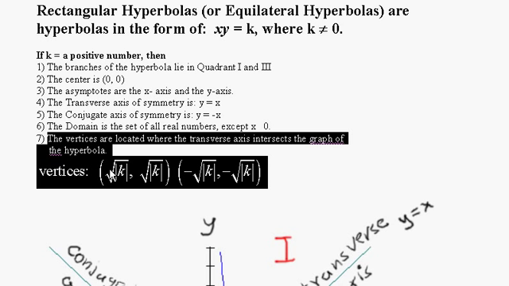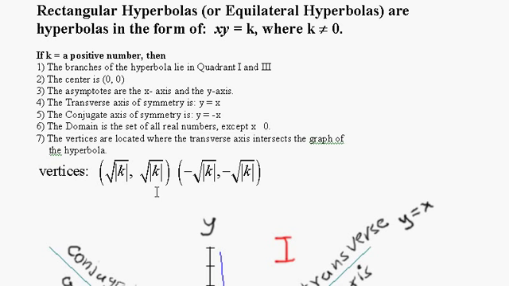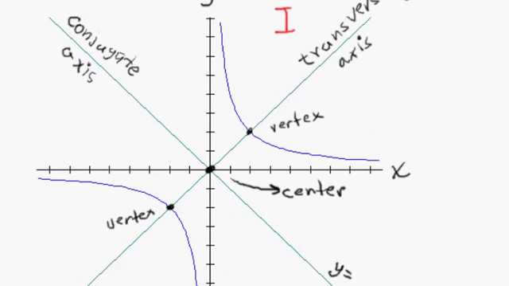Here's how you calculate the vertices if k is a positive number. Your first vertex is the square root of the absolute value of k, the square root of the absolute value of k. Your second vertex is the opposite of the square root of the absolute value of k, and the opposite of the square root of the absolute value of k.